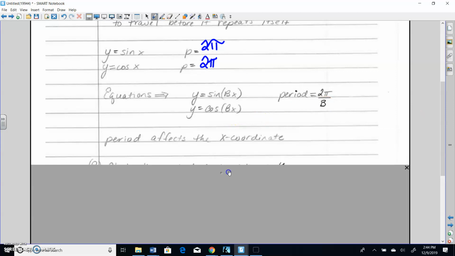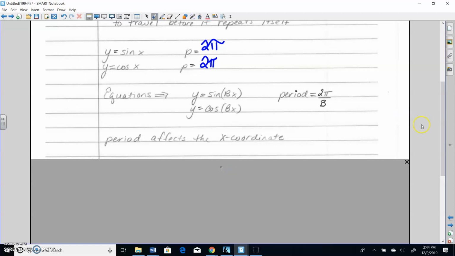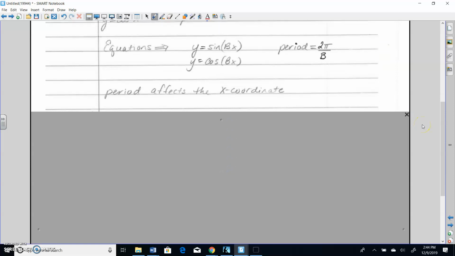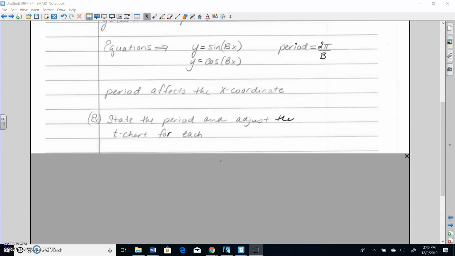So again, we said that the period affects the x coordinate. So when we do our t-chart, we'll be working with the x coordinate. For each of the problems, we're going to state the period and then adjust the t-chart for that change in the period of our function.